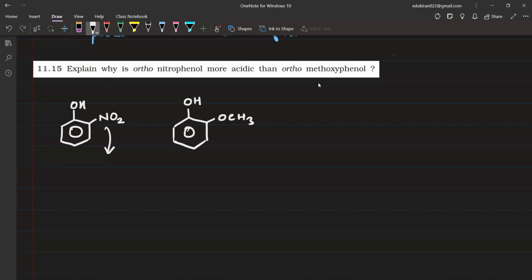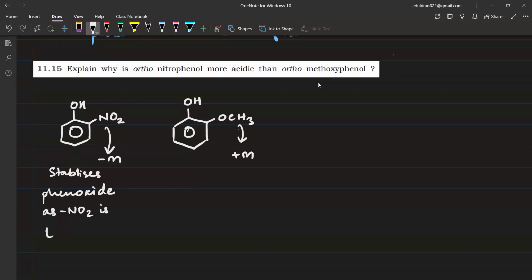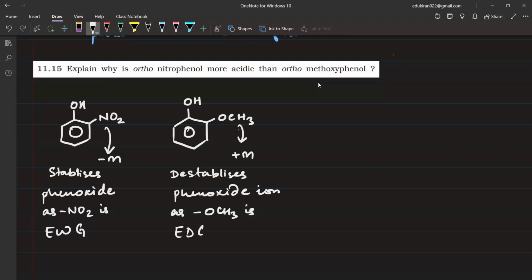Minus M. And OCH3 is plus M. So what will I write? ऐसे हम तो बहुत सस्ते में लिखते हैं बस: stabilizes phenoxide ion as NO2 is electron withdrawing group, and destabilizes phenoxide ion as OCH3 is electron donating group. Understood this? Yes or no? Please tell me. Yes, sir.